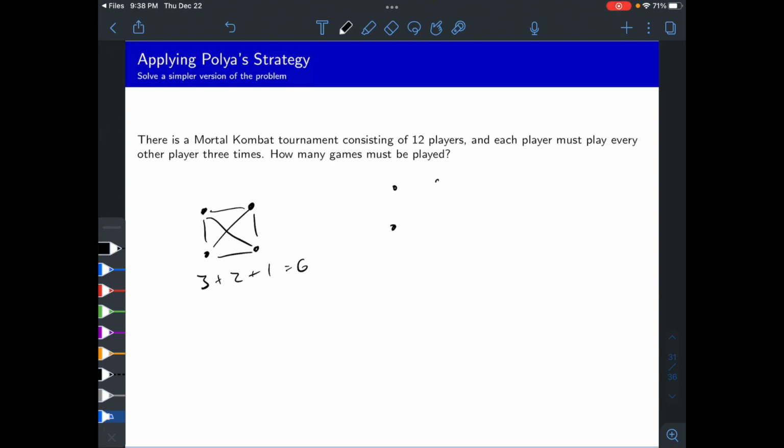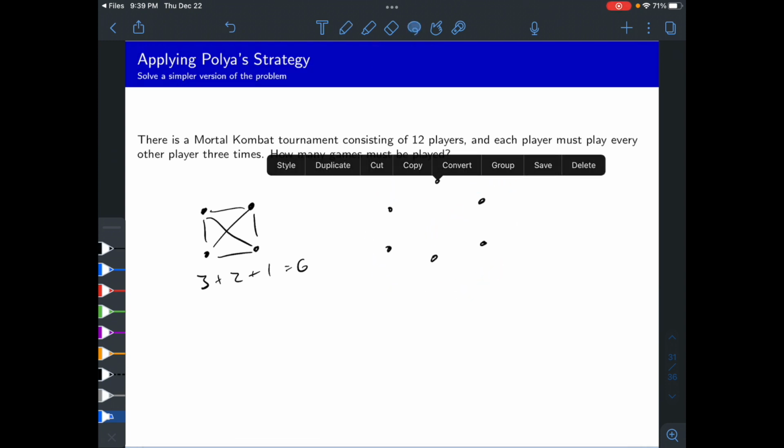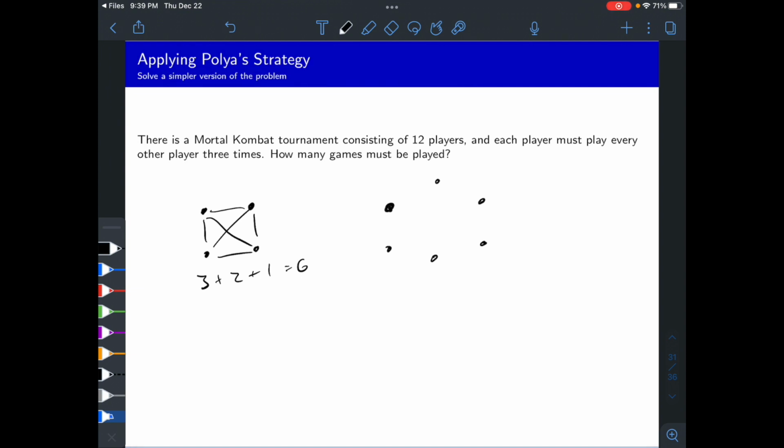What if we do 6 players? Okay, let's do it. This will be player 1 over here. Also, I forgot over here to multiply our final answer by 3, so we get 18. Over here, player 1 has to play the other 5 players.